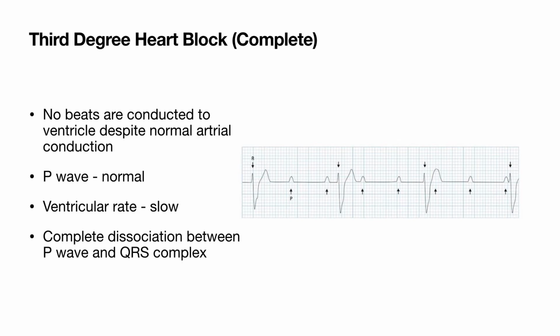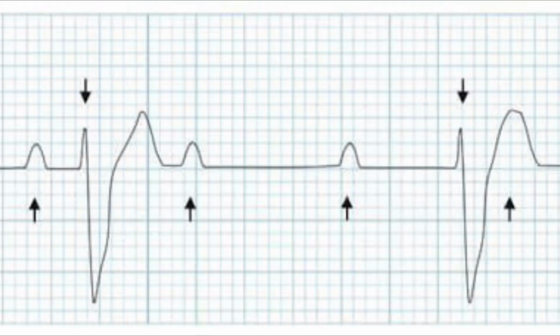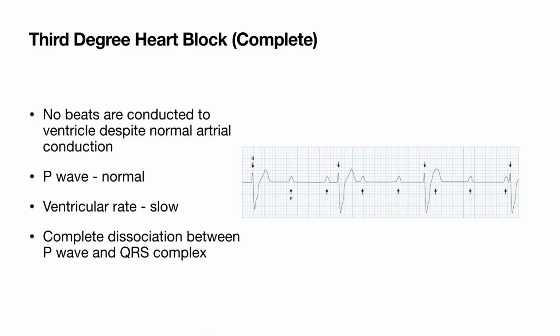Note the difference in QRS structure and difference in QRS rate in ventricular rhythm and nodal rhythm. If QRS complexes occur at a rate of 30 to 40 per minute, which is the rate of the ventricular pacemaker, and QRS complexes are wide and bizarre, indicating ventricular origin, then it is total heart block with ventricular rhythm.